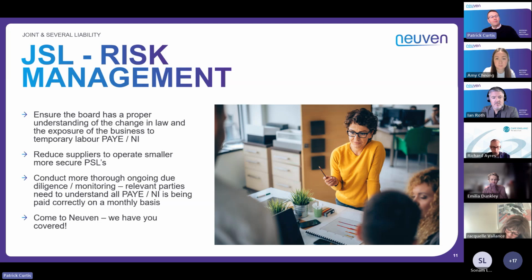The other standard piece of advice that is obviously out there at the moment is reduce the number of suppliers that you're using. When we looked at our own supplier base and our clients' suppliers, it is hugely Pareto. There are a small number of agencies doing the vast majority of supply, and then a very long tail of agencies picking up bits.